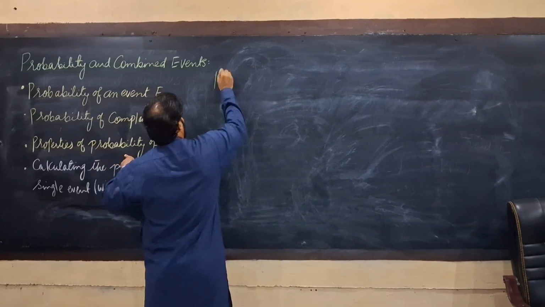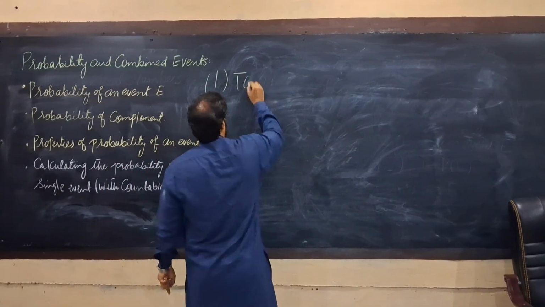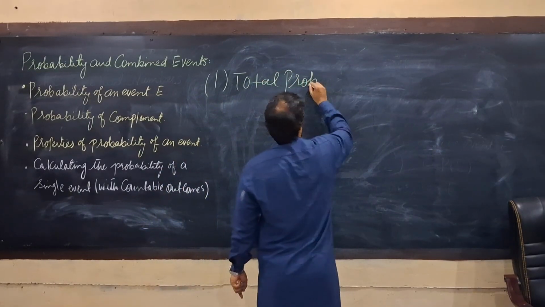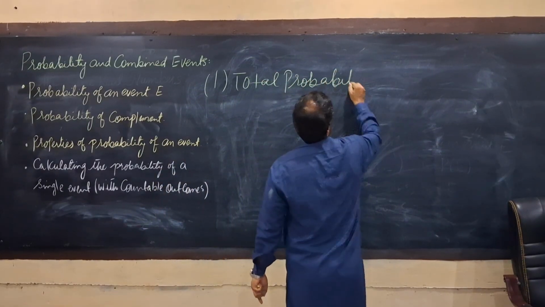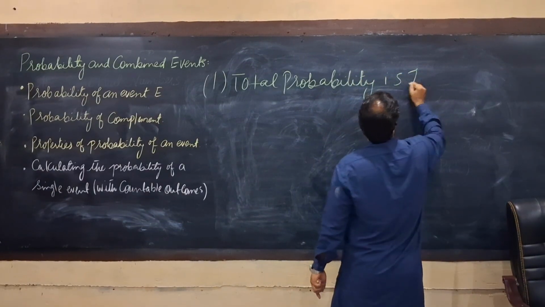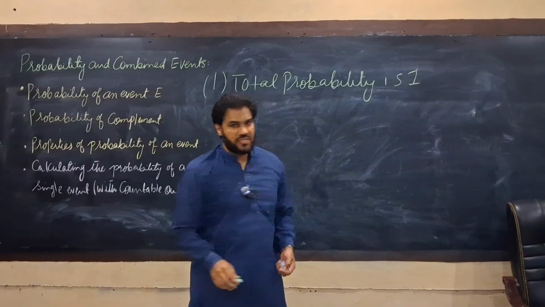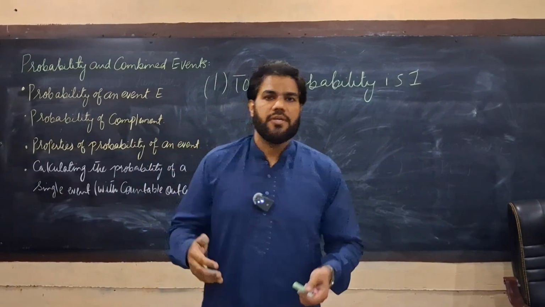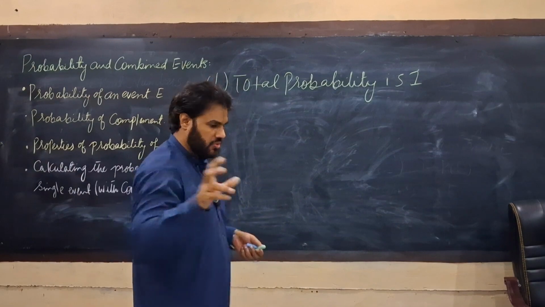The first property is that total probability is 1 for a sample space S. A sample space S may have a finite number of events.